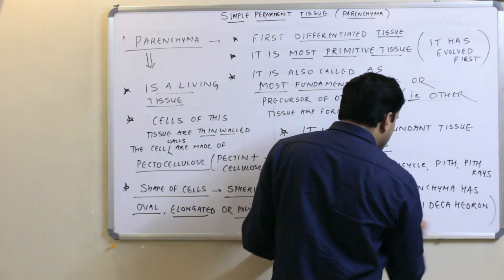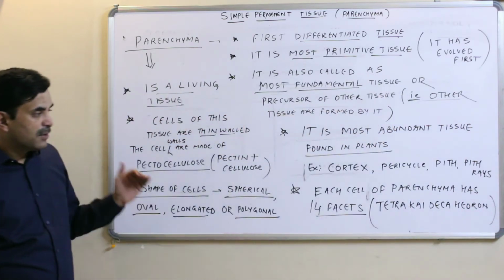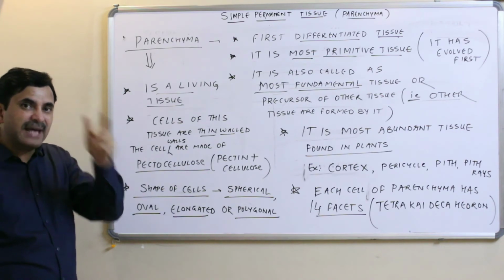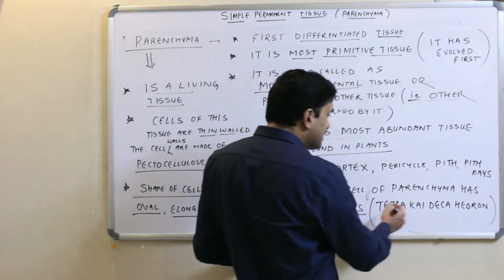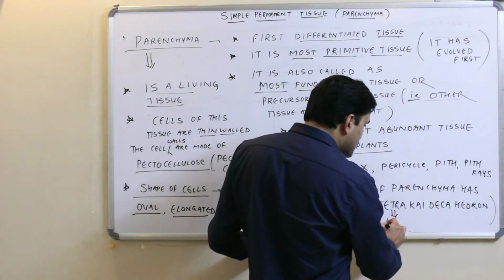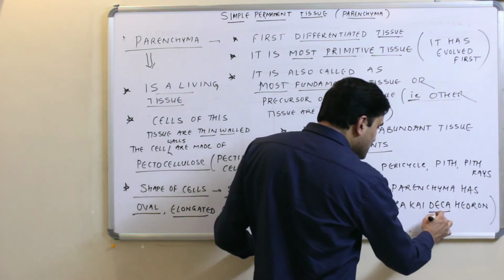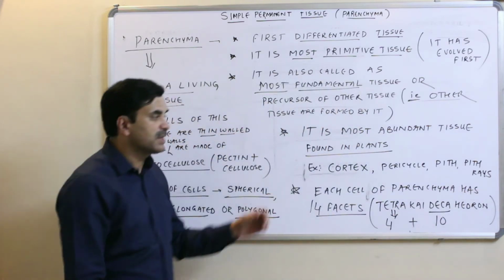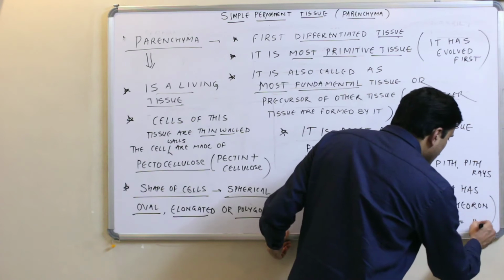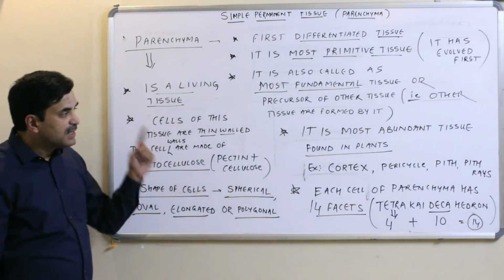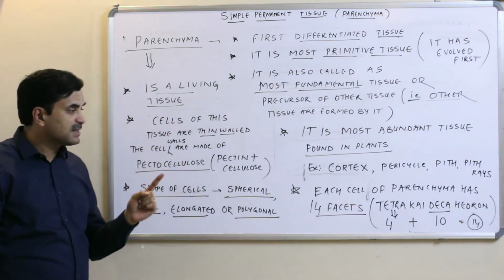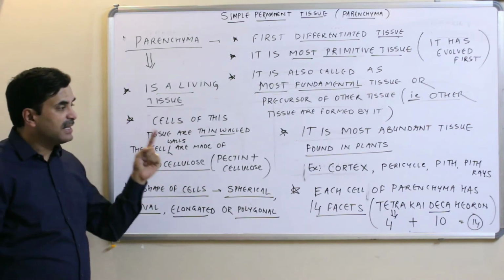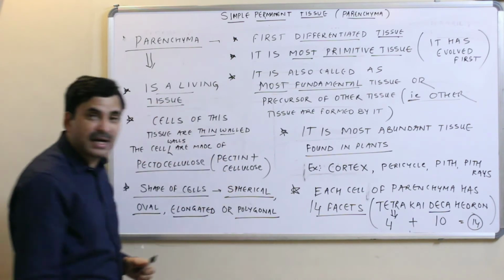This is the technical, biological term. Each cell of the parenchyma has 14 corners, 14 facets, 14 angles. Tetra means 4, and deca means 10. So 10 plus 4 is equal to 14. Each cell of the parenchyma has how many facets, how many corners? It has 14 corners, and hence it is called tetrakaidecahedron.